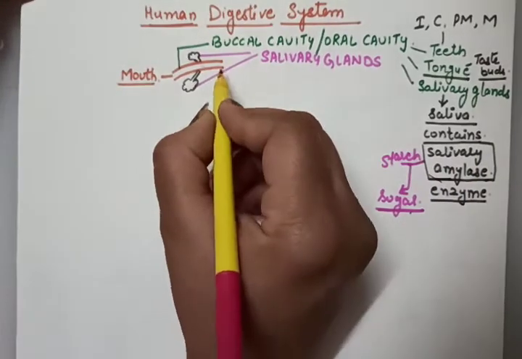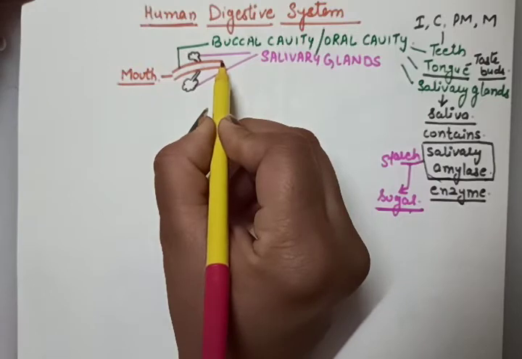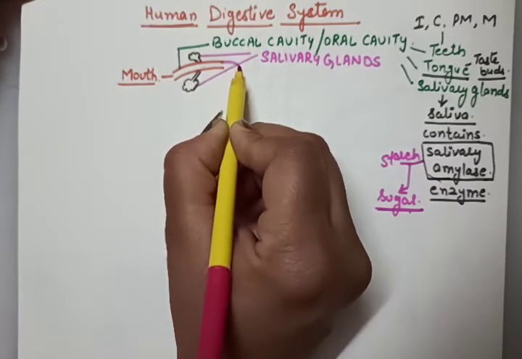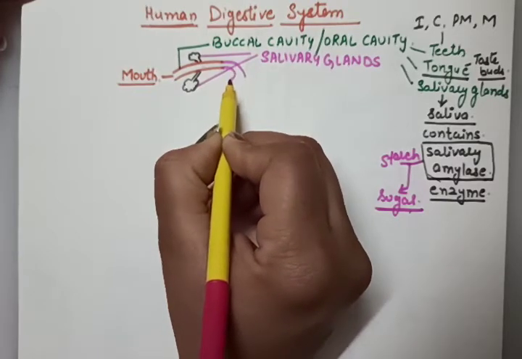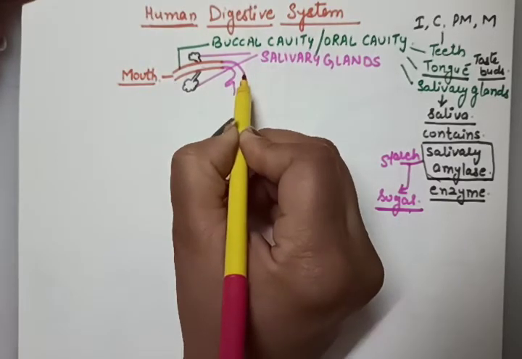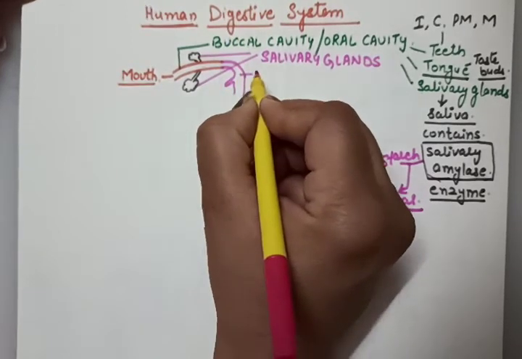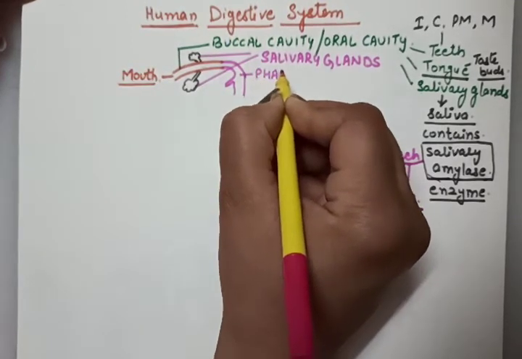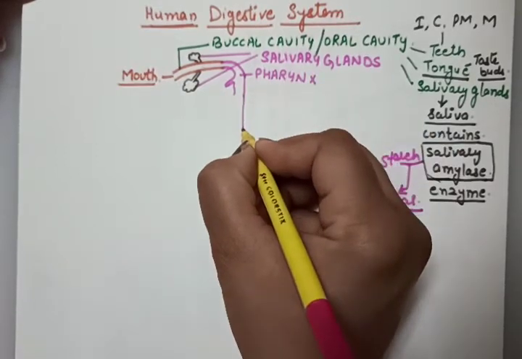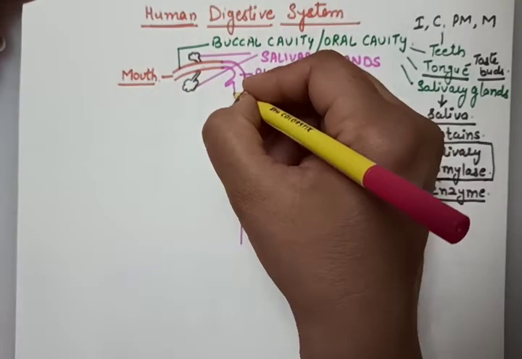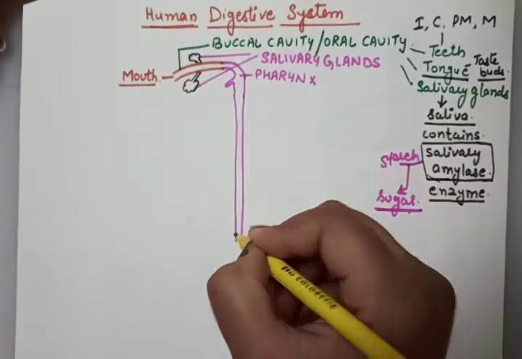Now at the back of your mouth, okay, where your tongue is attached, that hollow portion is called pharynx. Okay, and this pharynx leads to a long tubular part that is called esophagus.